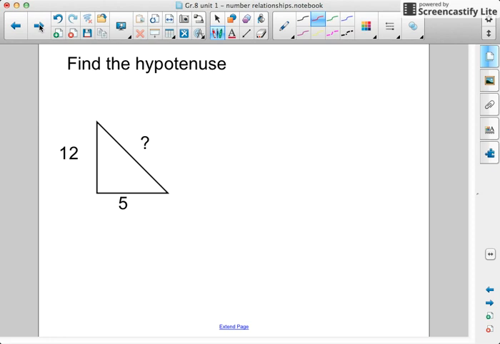Okay, so if we started with some examples here. I'm going to write a squared plus b squared equals c squared, because we're trying to find what the hypotenuse length is. Now, it doesn't really matter which one you say a and b are, but it does matter what c is. So I'm just going to fill in some numbers here.